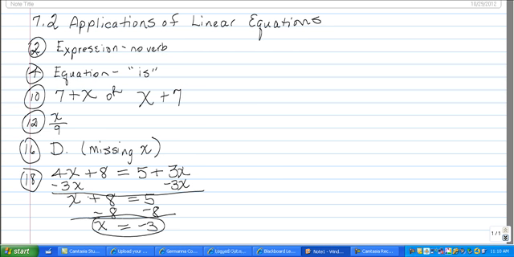If 4 times the number, so 4 times -3 is -12. If that is added to 8, we get a -4. The result is 3 times the number added to 5. And sure enough, we get the same thing for both. So that's my check.